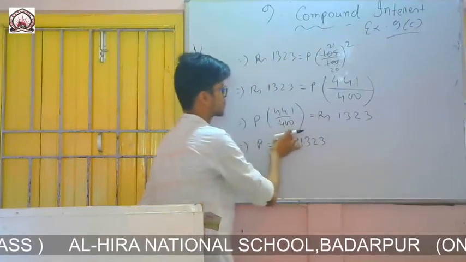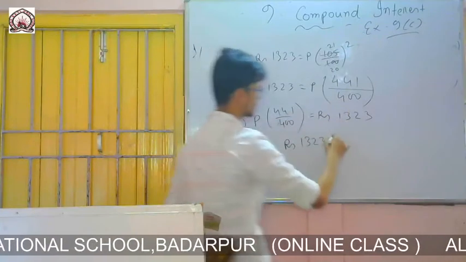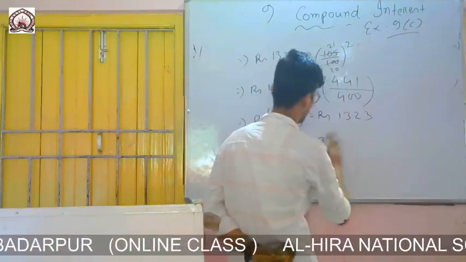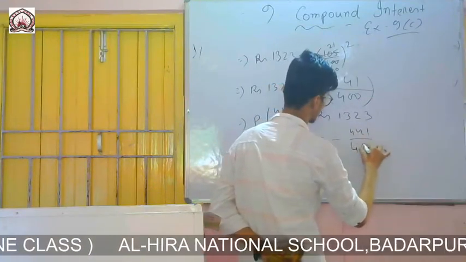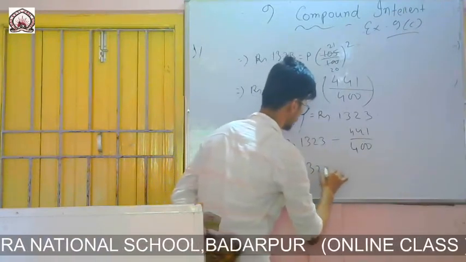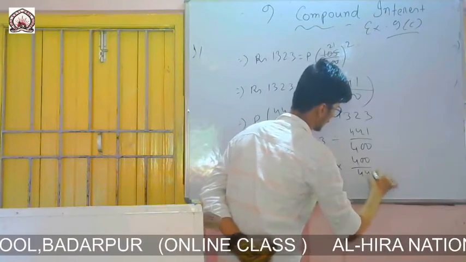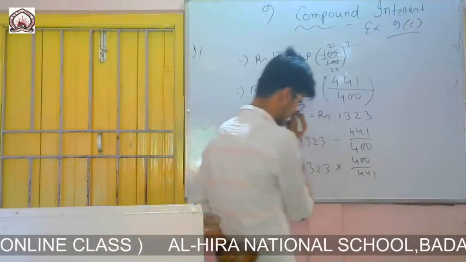If I transpose this one, it will be divided by 441 by 400. Rupees 1323 divide will be multiply, this one will be the reciprocal.